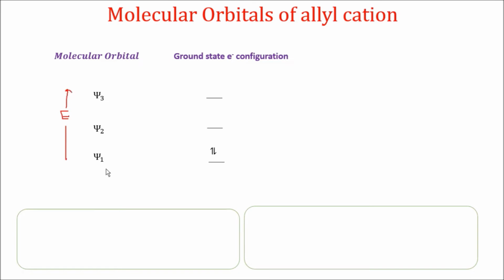To identify HOMO and LUMO we need the molecular orbitals with electrons. Only Psi1 has electrons, so that becomes the ground state HOMO. To identify LUMO we look at the molecular orbitals without electrons. Psi2 and Psi3 do not have any electrons. Of these two, Psi2 has lower energy, therefore that becomes LUMO.